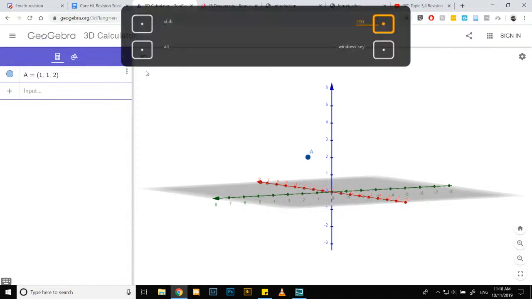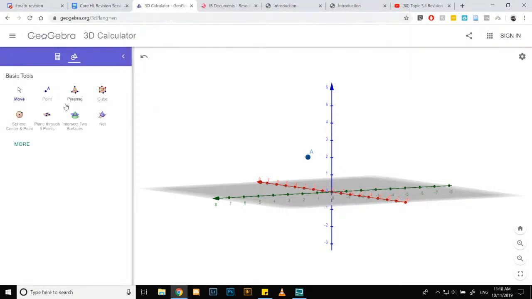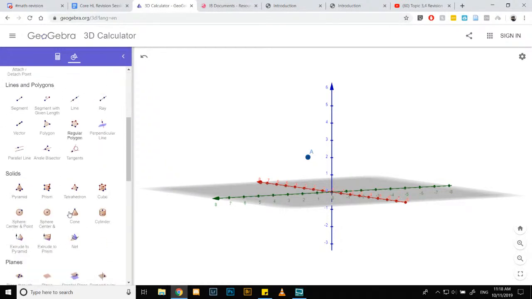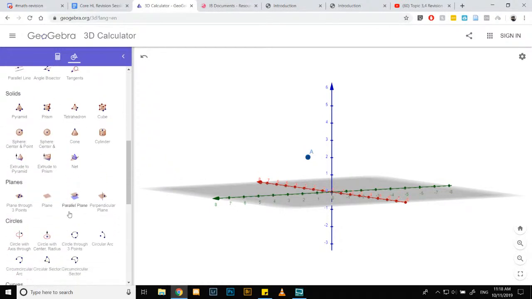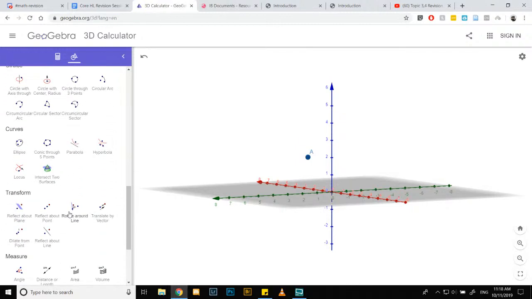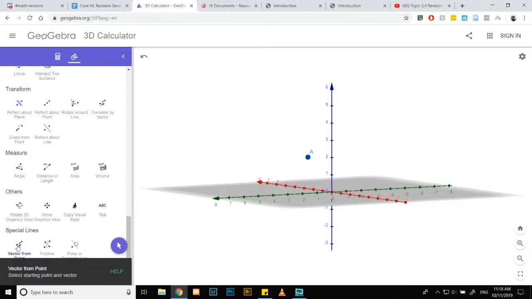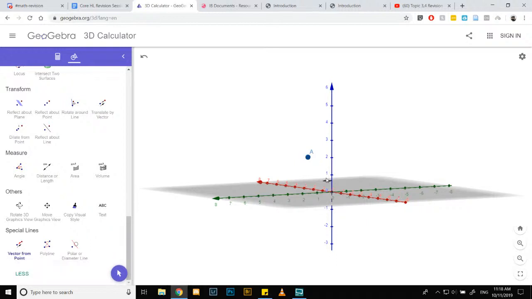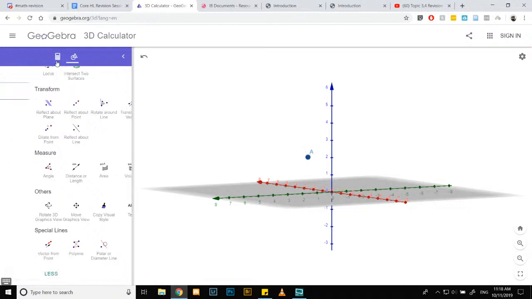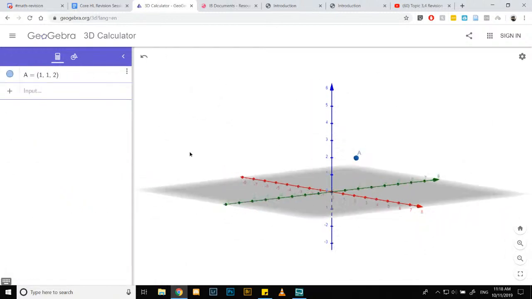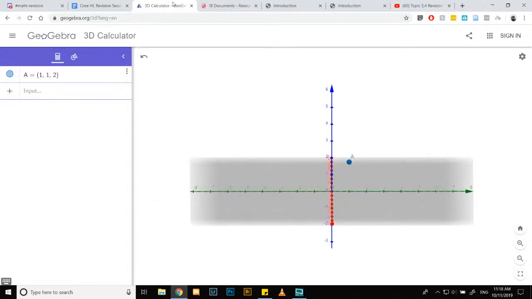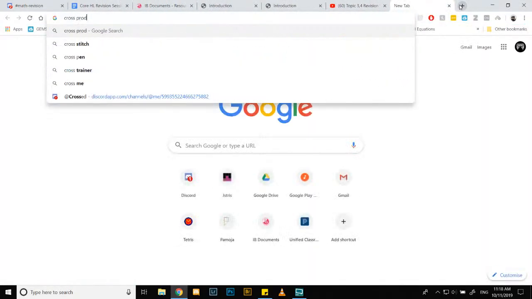Settings, projection, shapes, more. Oh, there we go. I think there's going to be a vector somewhere here. Yes, vector. Starting point 0. Okay, I don't know how to use this. Let me see if I can just find a Google image that shows it.